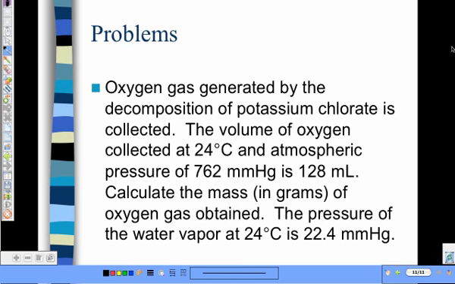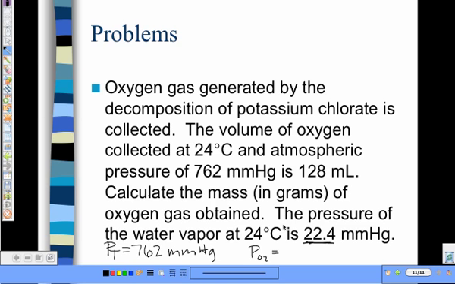So if our total pressure, PT, is equal to 762 millimeters mercury, and we're trying to get just oxygen gas, so we have oxygen gas plus water vapor. What would be the partial pressure of just oxygen? If we know that water vapor is 22.4 millimeters mercury, how would we figure that out?